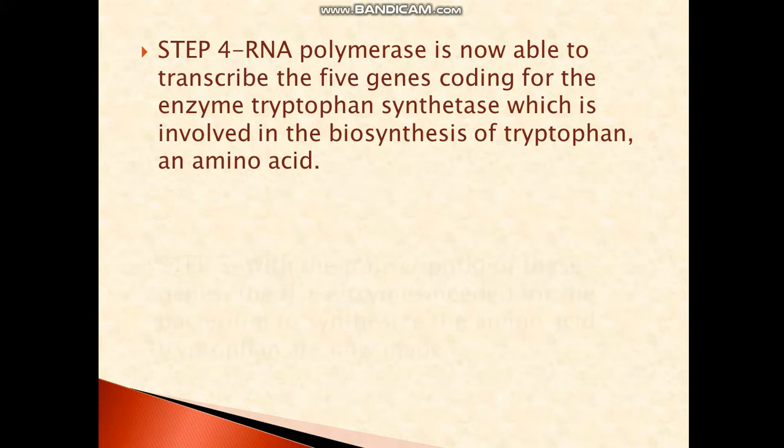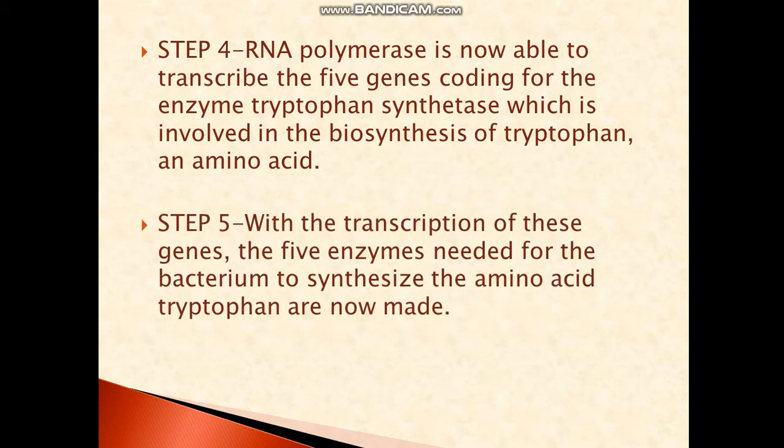Now with the transcription of these genes, the 5 enzymes needed for the bacterium to synthesize the amino acid tryptophan are made. These enzymes collectively form tryptophan, and the synthesis of tryptophan is started. Once the tryptophan accumulates, what will happen?